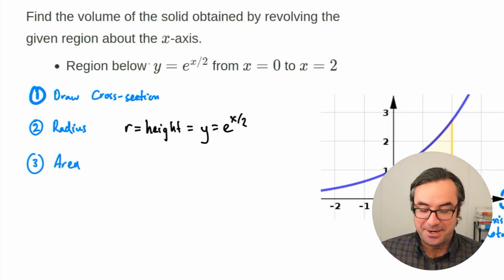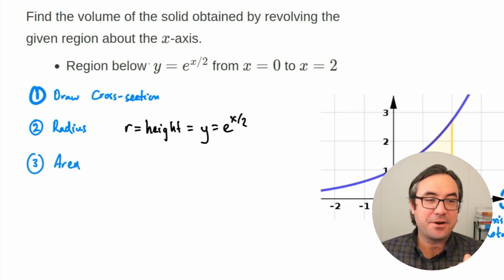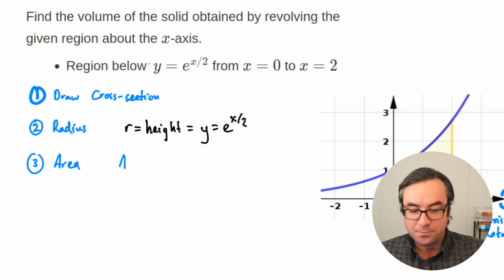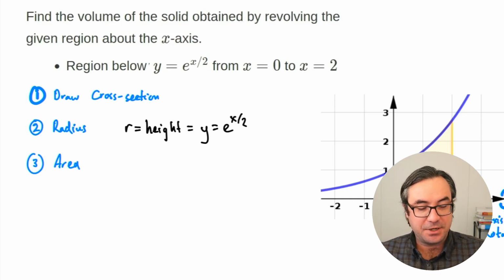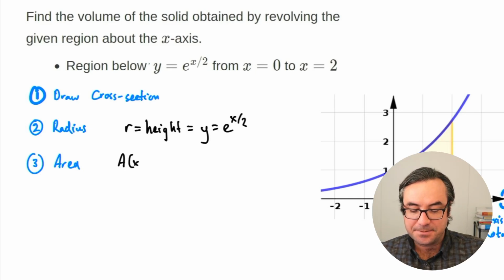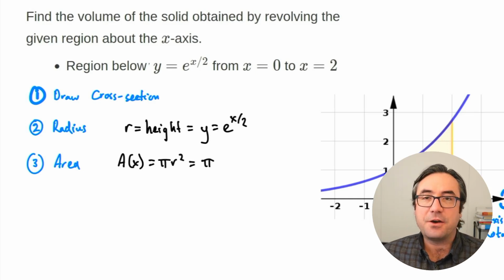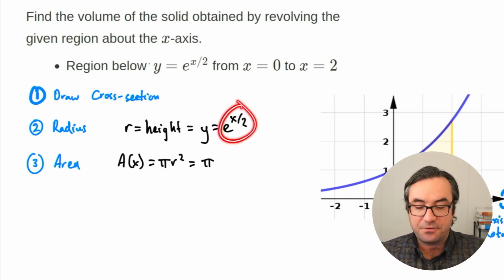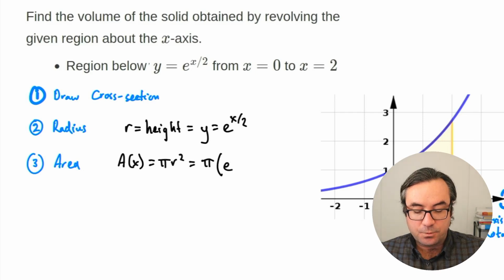So we want the area, and for the area of a circle, let's call this A of x, because the variable is going to be x. The area of a circle is pi r squared. So we just take our value that we found, which is our function, and we're going to square that whole thing.